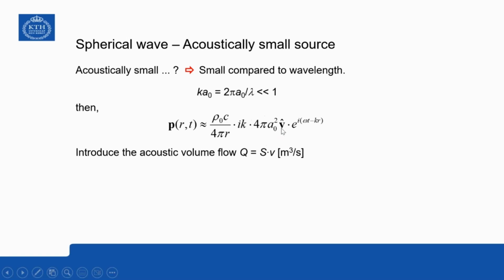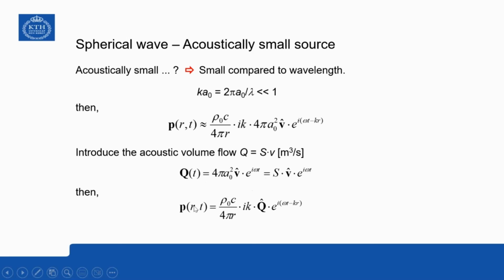And here we have the vibrating velocity of this spherical surface. So this factor here we can replace with the acoustic volume flow of the sphere, Q. And if we include this e^(i omega t), then we have the complex acoustic volume flow equal to this expression here.